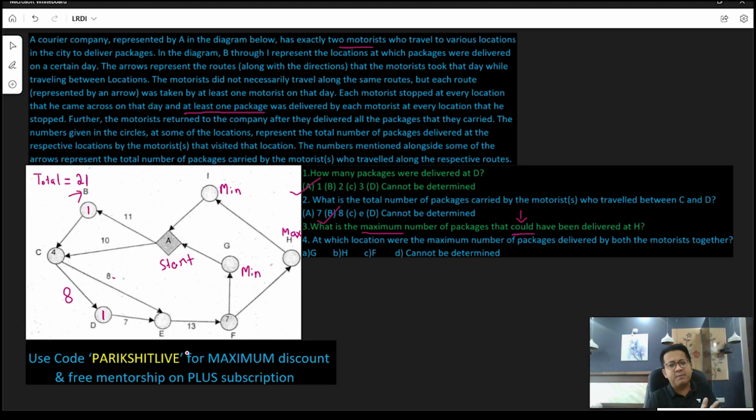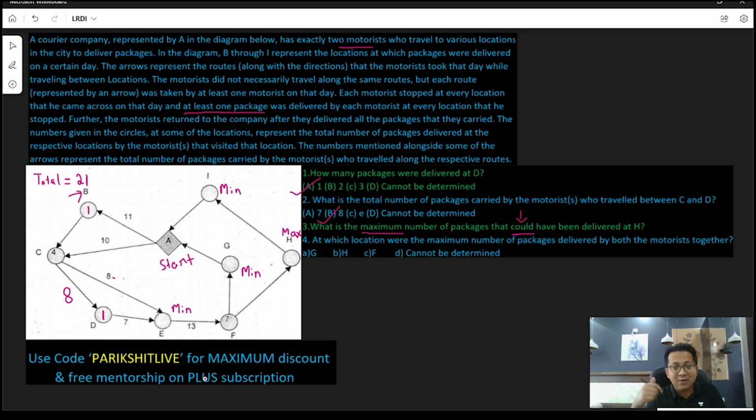Even E got to be minimum, but I'm not bothered with E as such, because if you look at the diagram, probably you can focus from E to F onward. Or maybe if not, you can say that even E you got to minimize. So if H is to be maximized, the remaining got to be minimum.